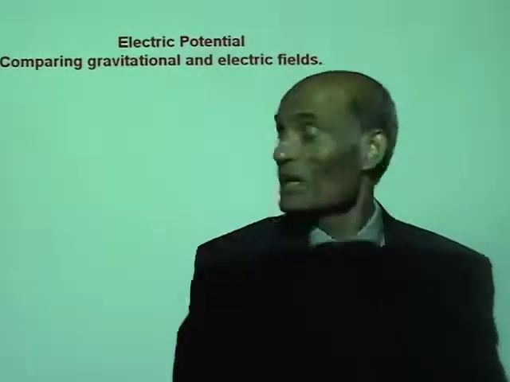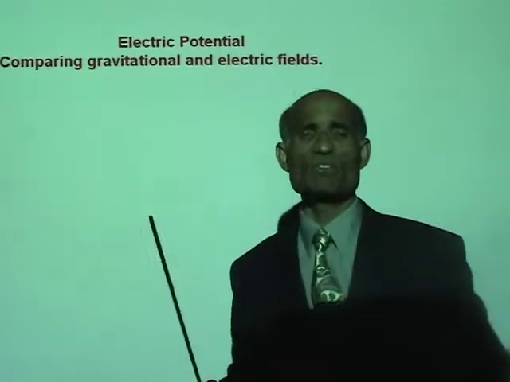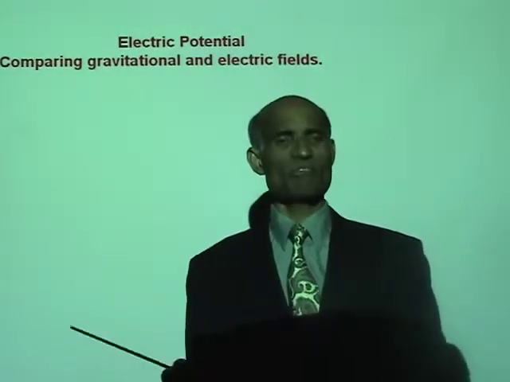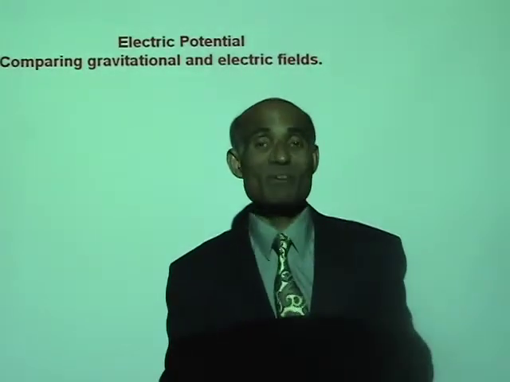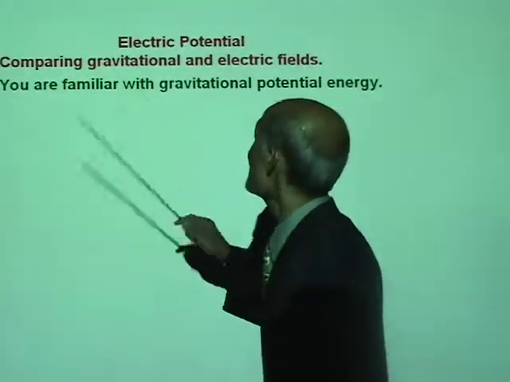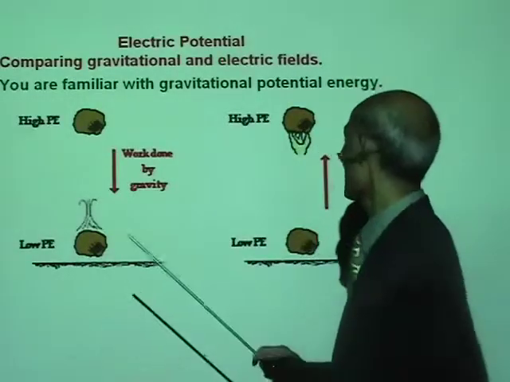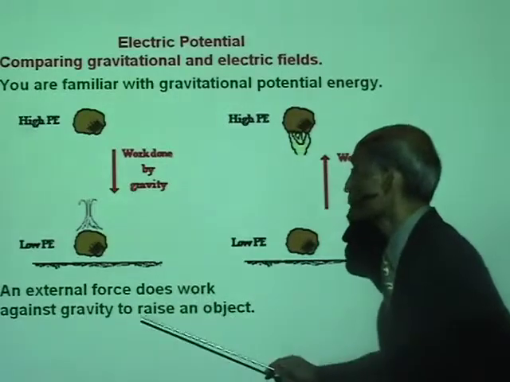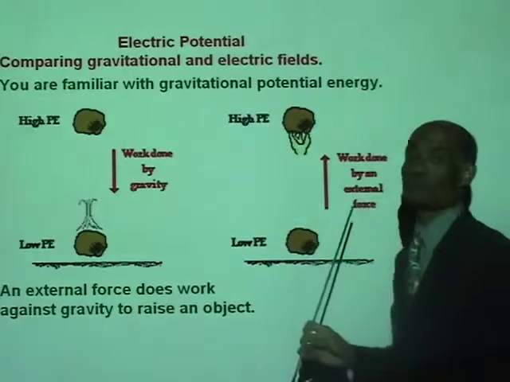Now, we will compare gravitational and electric fields. How do you compare gravitational and electric field? There are very many common things about a gravitational field and an electric field. You are familiar with gravitational potential energy, which we just talked about here. Now, an external force does work against gravity to raise an object.